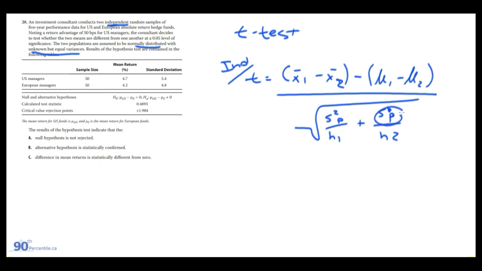The formula for this is, I have it in my notes, but highly unlikely that you'll be tested on it. The actual calc is really long, but you should just know that there are different t-stats depending on whether it's independent or dependent.